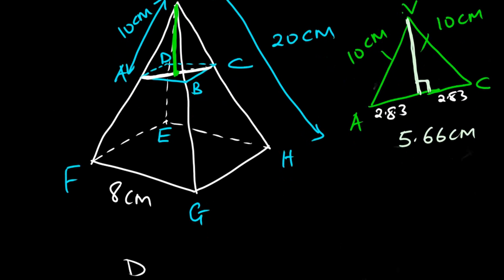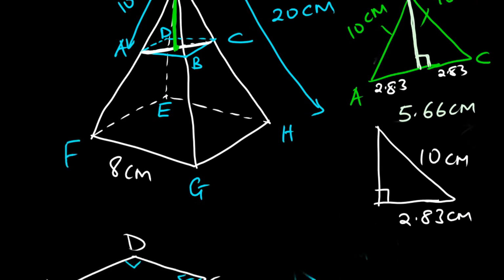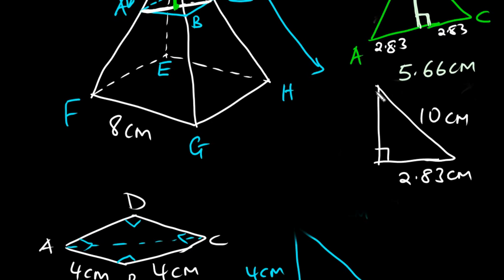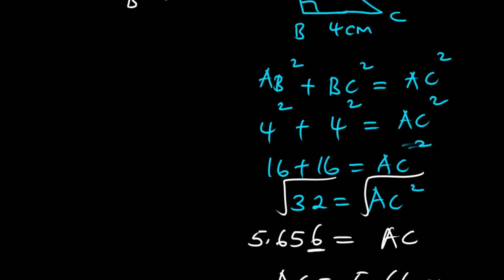So I can now have a right angled triangle with the hypotenuse as 10 centimeters and here as 2.83 centimeters. So we can still use the Pythagoras Theorem to get this height that we need. Back to our formula: AB squared plus BC squared is equal to AC squared, or the hypotenuse squared.